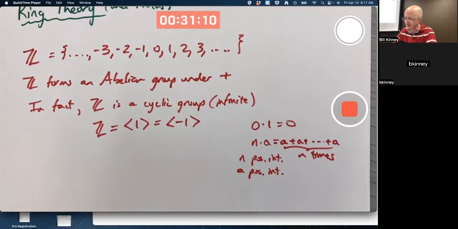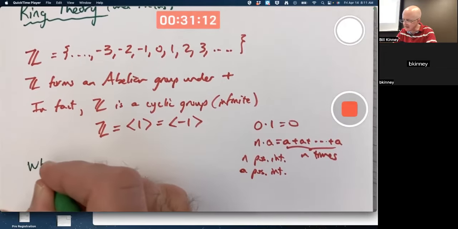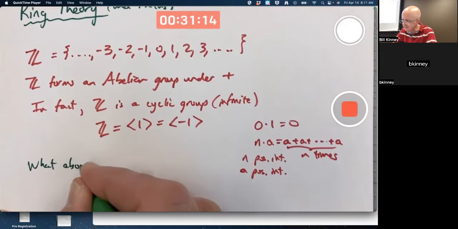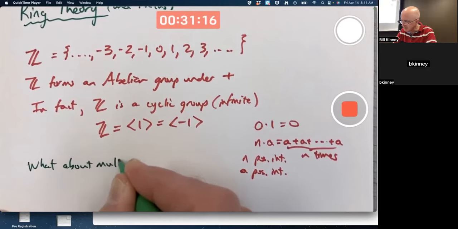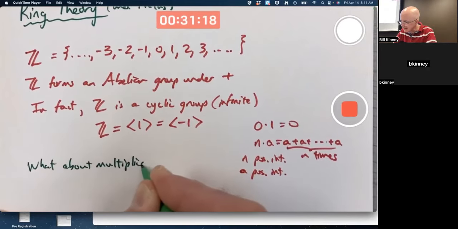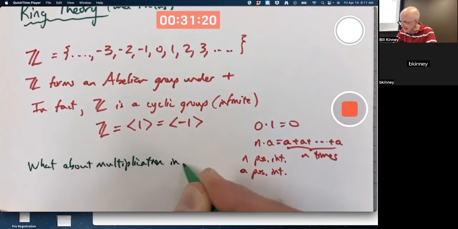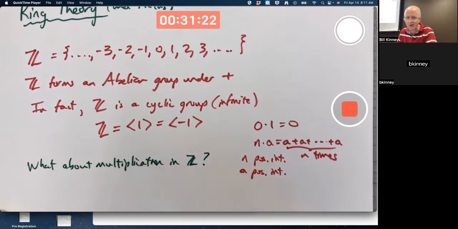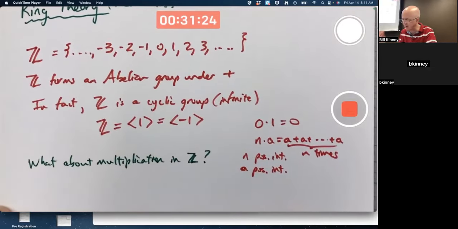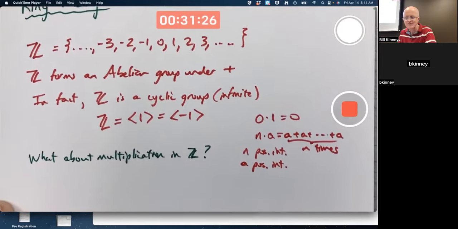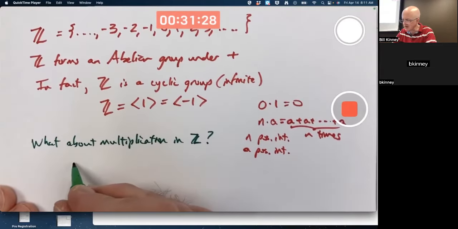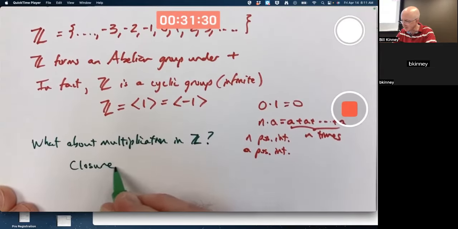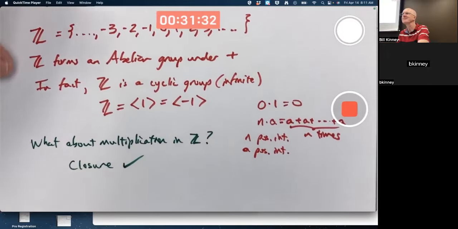Yeah, let's just start to write this out here. What about multiplication? Multiplication in Z. And when I say multiplication, I mean ordinary integer multiplication, as you've always learned. Closure still works. Put a check mark by closure.